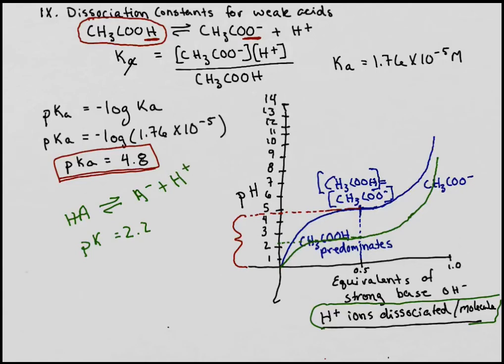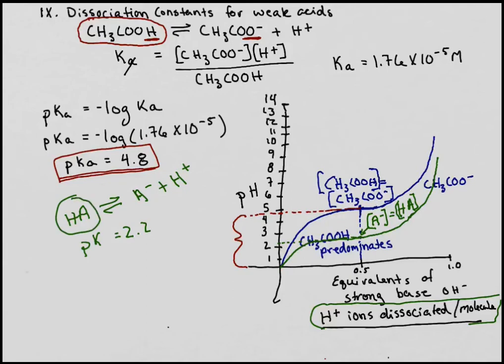So we recognize that at this midpoint, A minus is present in equal concentration to HA. And of course, at pHs of less than 2.2, HA is going to predominate.